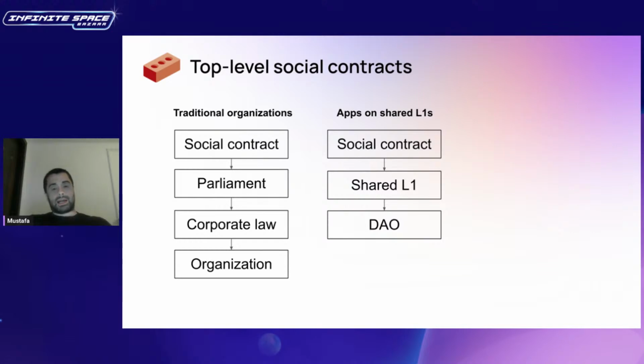Now, if you think about an application on layer one, like, let's say it's a DAO, for example, that DAO is still inheriting the social contract of the shared layer one. So if you have a DAO on Ethereum, that DAO is inheriting the social contract of Ethereum, despite the DAO possibly having its own community and its own social consensus and its own social contract.